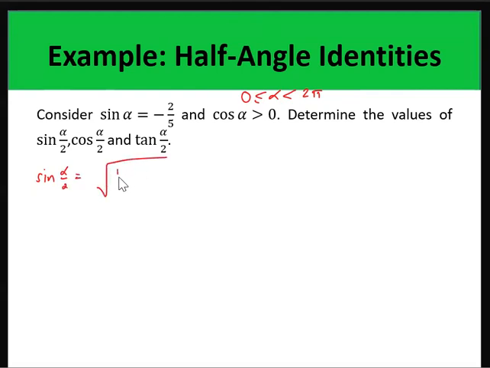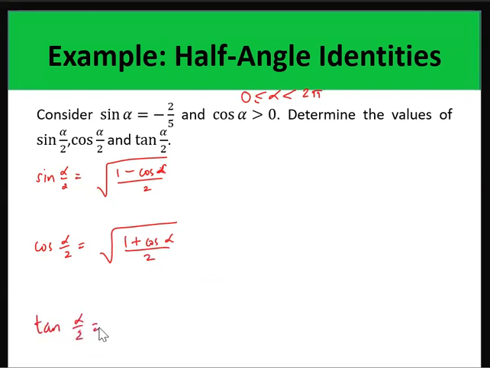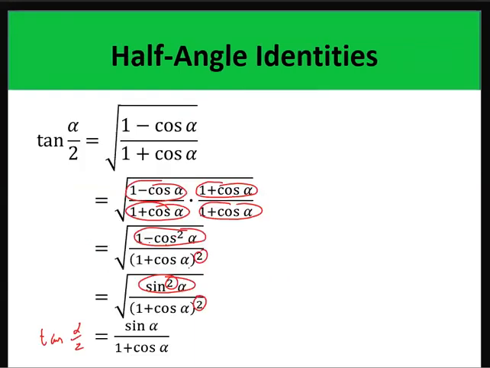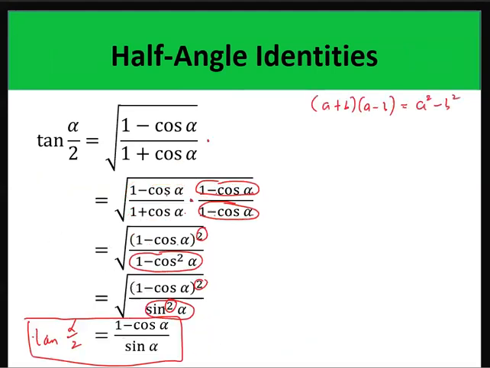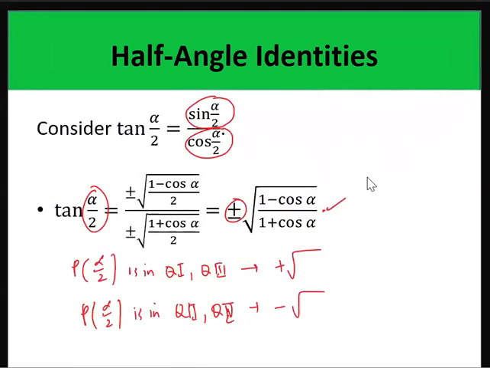So we need to solve for the values of the half angle of sine, cosine, and tangent. So we need to use the formulas. We have the square root of 1 minus cosine of alpha over 2. And for cosine of alpha over 2, we have to use the square root of 1 plus cosine of alpha all over 2. And for tangent of alpha over 2, we can make use of one of the three formulas that we had earlier. We can use this one, or this one, or this formula here.